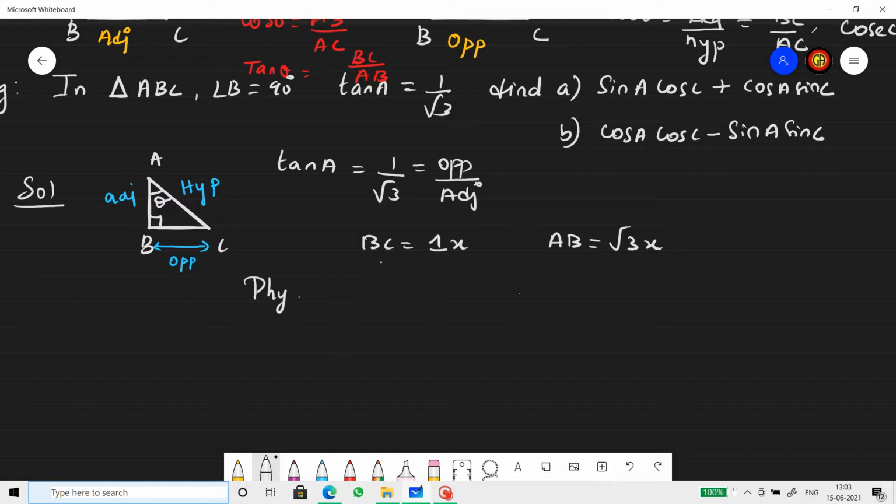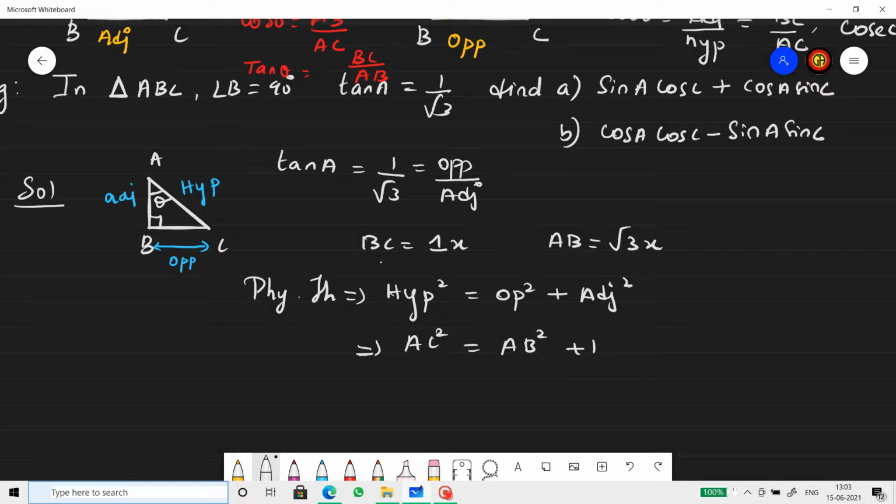Pythagoras theorem states that hypotenuse square is equal to opposite square plus adjacent square. That means AC square equals AB square plus BC square, isn't it?